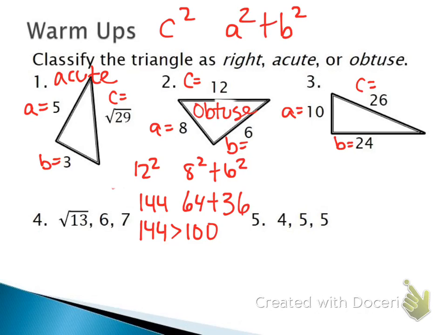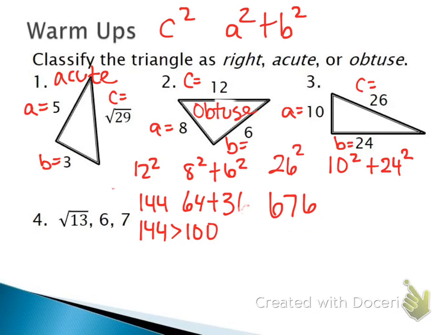This is a problem we've seen, I feel like, every day that we've done these triangles. We are going to compare 26 squared to 10 squared plus 24 squared. 26 squared is still 676. 10 squared is 100, 24 squared is 576.